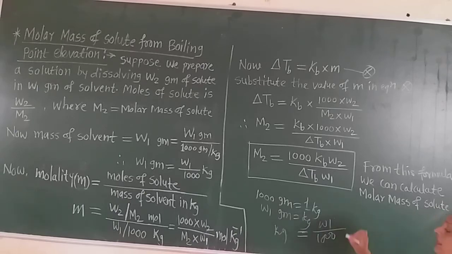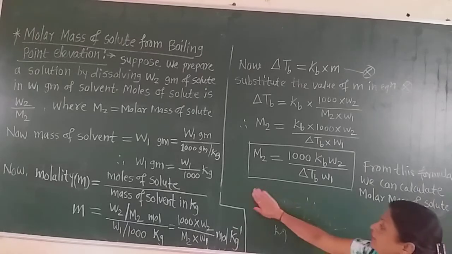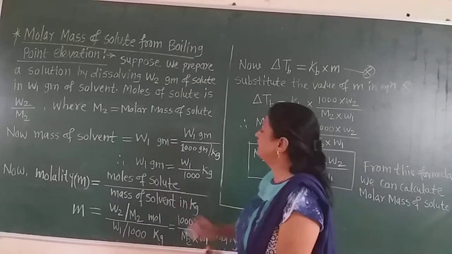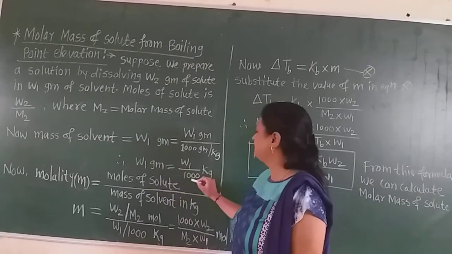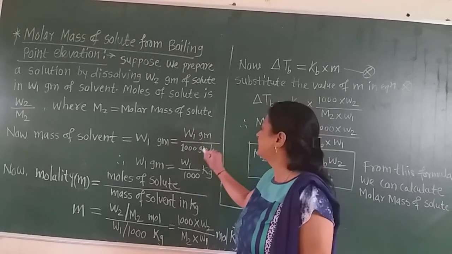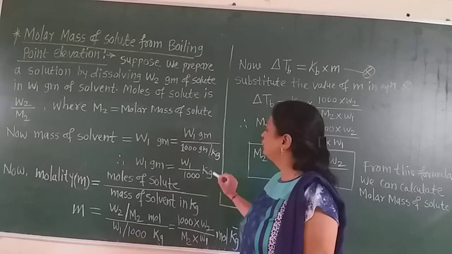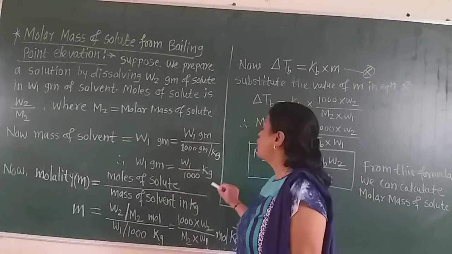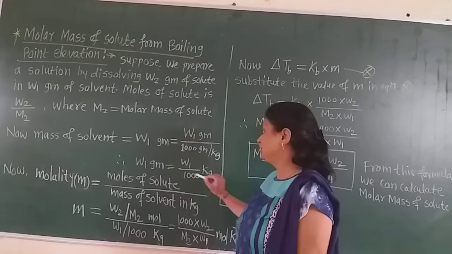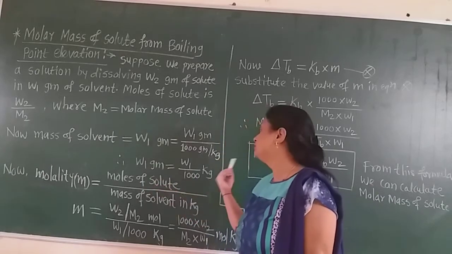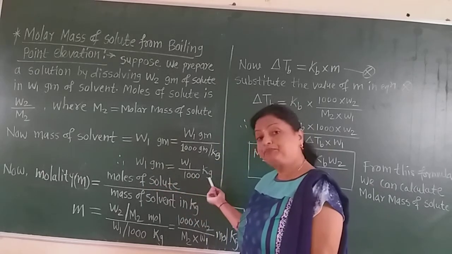So W1 divided by 1000 is the mass of the solvent in kilogram. So W1 gram is equal to W1 divided by 1000 kilogram, because the gram gets cancelled. Now this is the weight of the solvent in kilogram, W1 divided by 1000 kilogram.